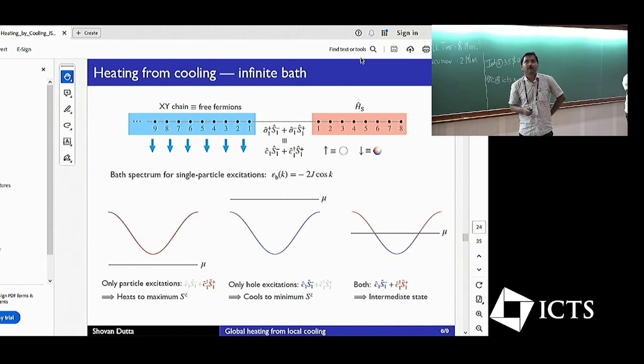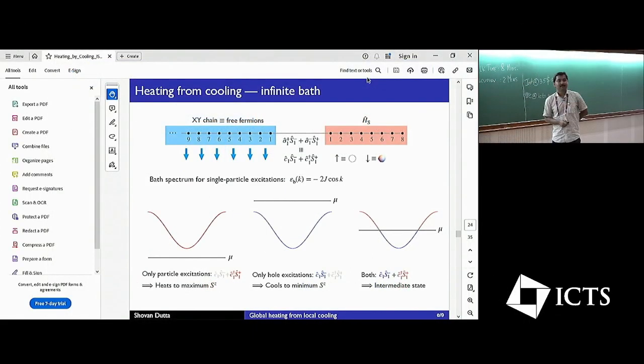If your system bath thing is isolated, then you probably can't. But I'm assuming these dissipators are continuously acting, so I don't know if that breaks the assumption leading to that conclusion.